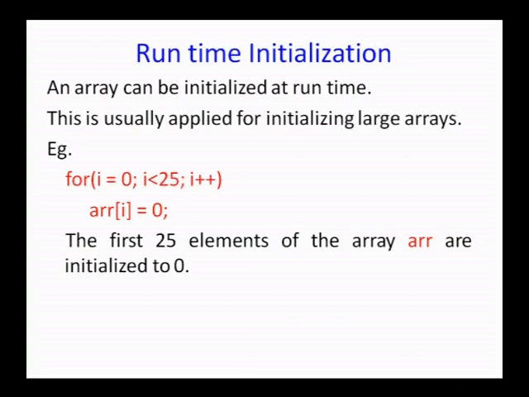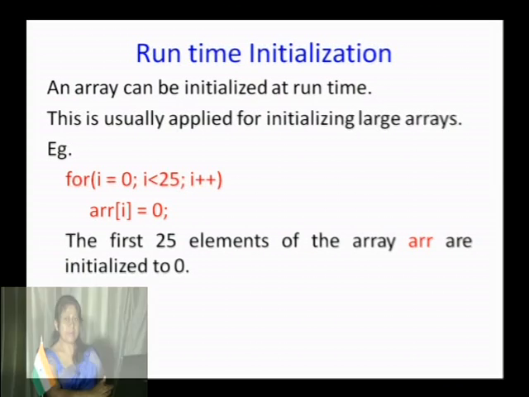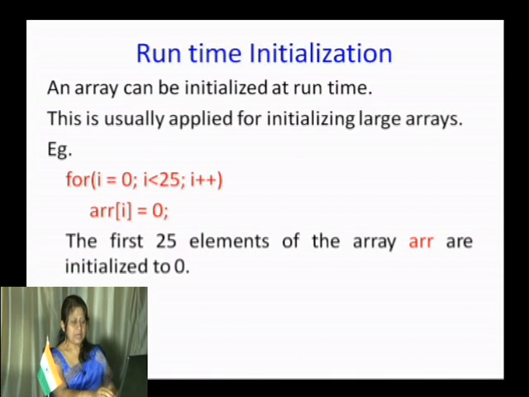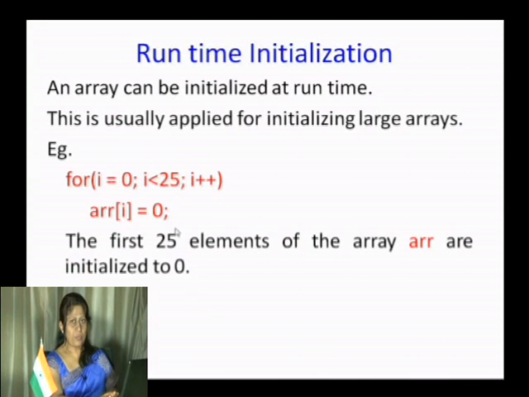Then, as we discussed, initialization could be done at 2 points of time, one at the compile time and the other at the run time. Run time is when we are executing the program, and the values are going to be assigned to the array. So an array can be initialized at the run time. In the program I am going to assign values. This is generally done when the array size is too big.